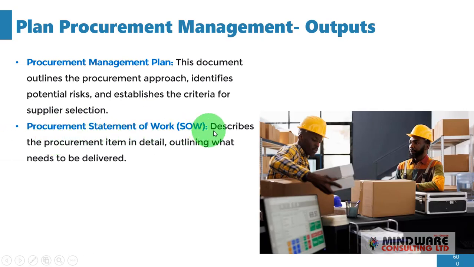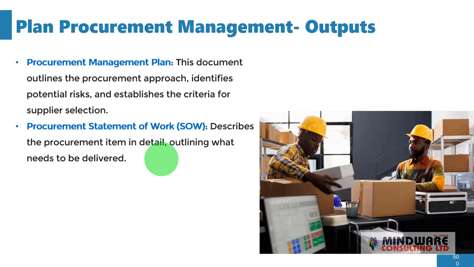Procurement statement of work. This describes the procurement item in detail, outlining what needs to be delivered. So another output you're going to get is the procurement statement of work. What are the items that are to be delivered, in clear detail, and how will they be delivered?